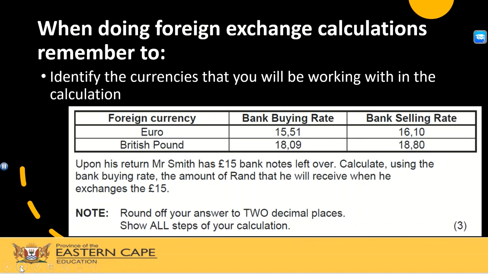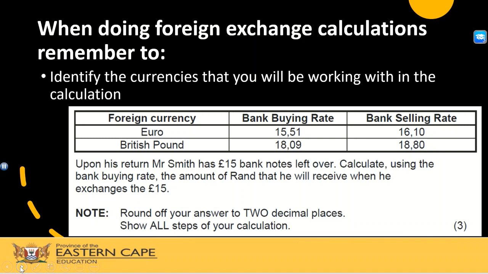Just let me remind you that we saw the symbols in the previous presentation and in today's presentation. So it is important that you know the symbols, because otherwise you won't know that Mr. Smith has 15 pounds. You might think that it is a euro or a yen or a US dollar. If you know the symbol, you will know that Mr. Smith returns with £15 in banknotes.